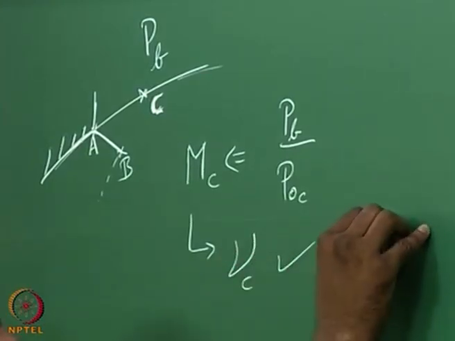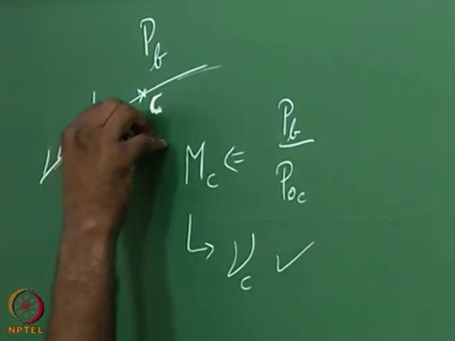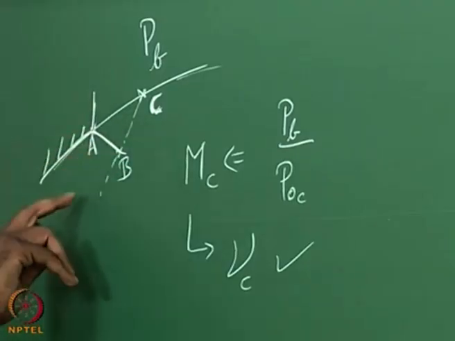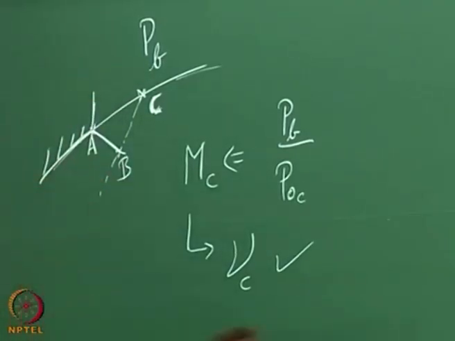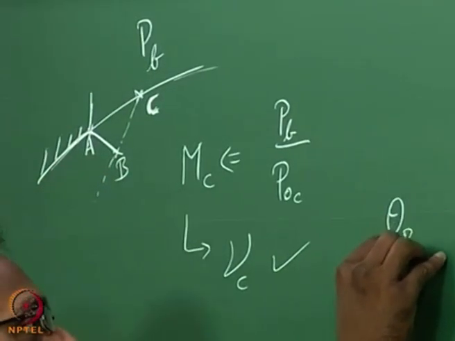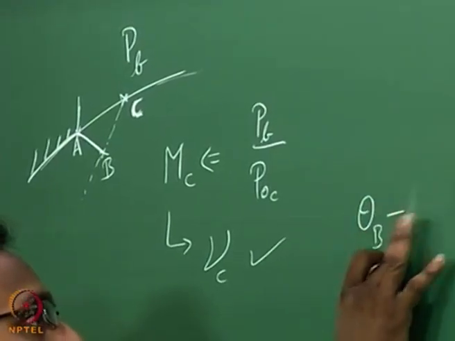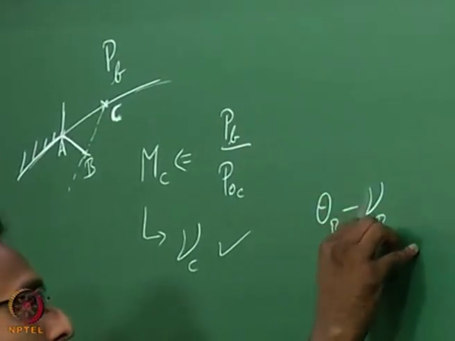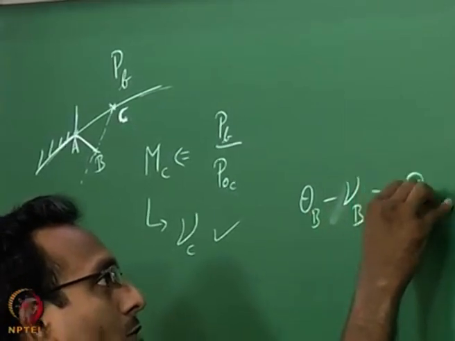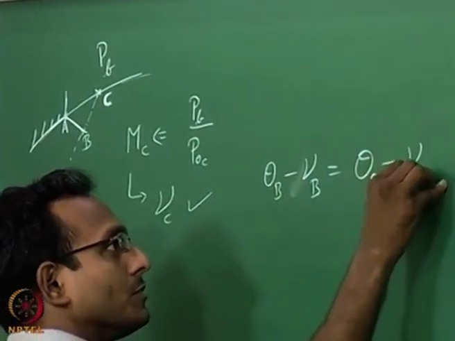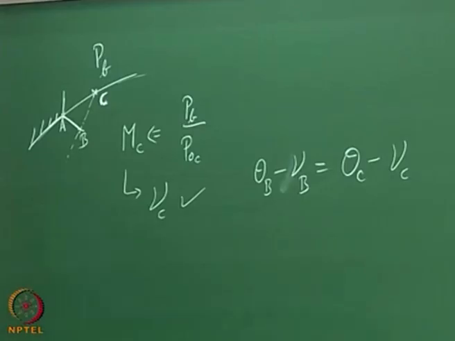Once you know nu at C, the remaining thing is simple. I am going to send a positive characteristic from B towards C. So I will have theta B minus nu B equal to theta C minus nu C. Positive characteristic, it will be a difference.